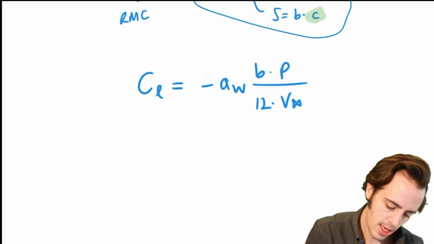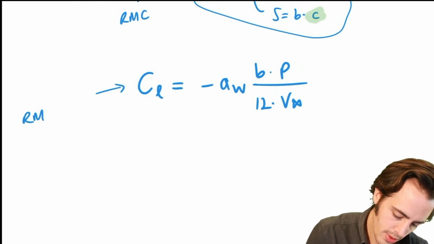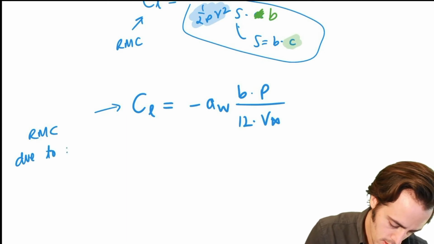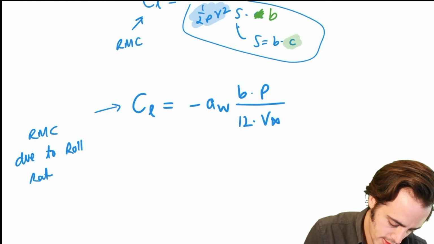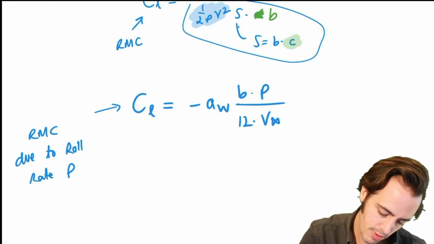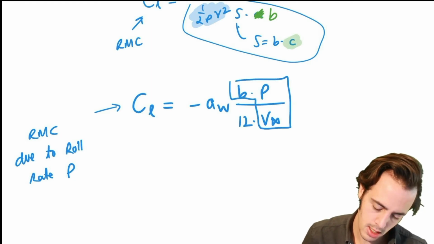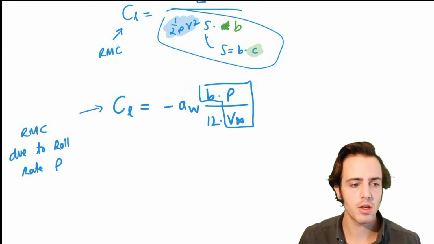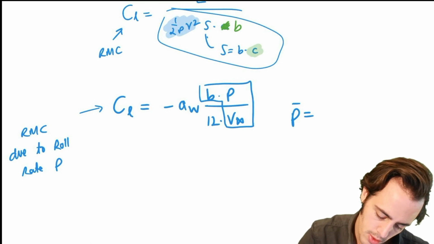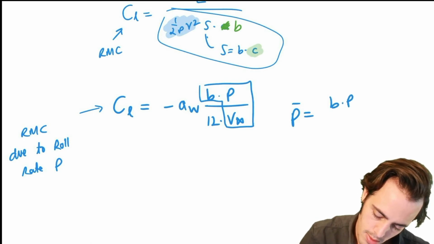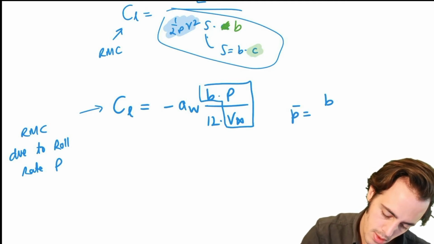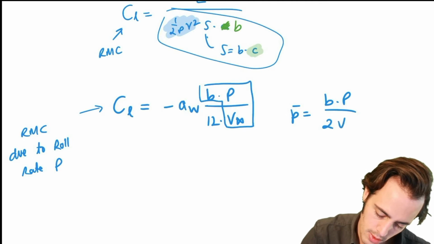So this is the rolling moment coefficient due to roll rate, P, which is still at this moment the dimensional roll rate. And if we look at what we have here, we've got B, P on V. And we remember from the definition of the non-dimensional roll rate, the p bar was equal to B P to V infinity.